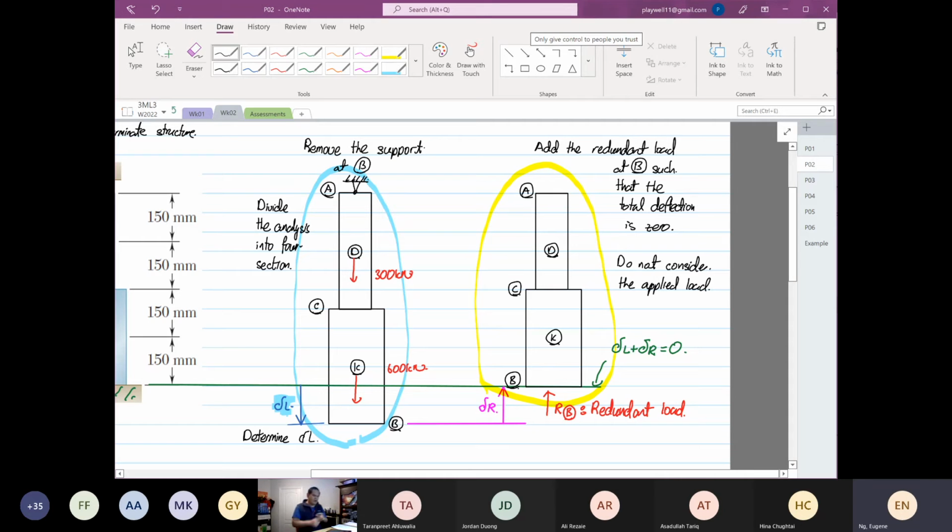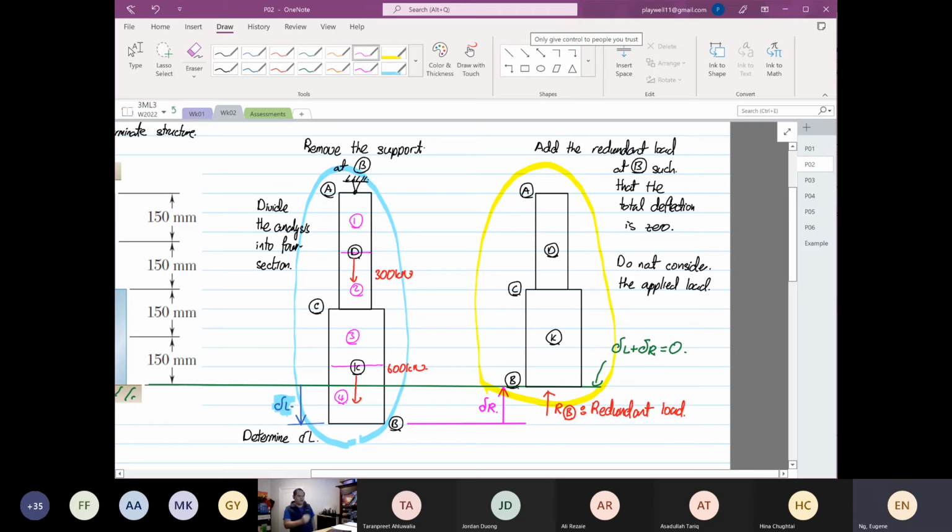Why? Due to the applied load and due to the change in what? Geometry. Yes or no? So we have to section this region over here. This is our section 1, section 2, and then this is our section 3, and this is our section 4.